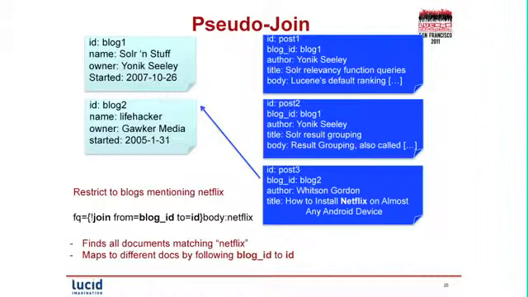So we search for Netflix and find it in a post, and then we follow from blog ID to ID, and we get documents of type blog, essentially.